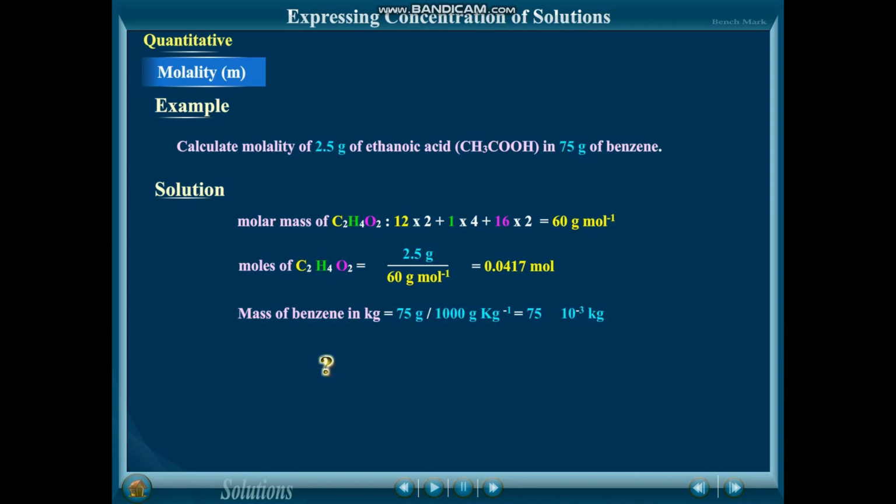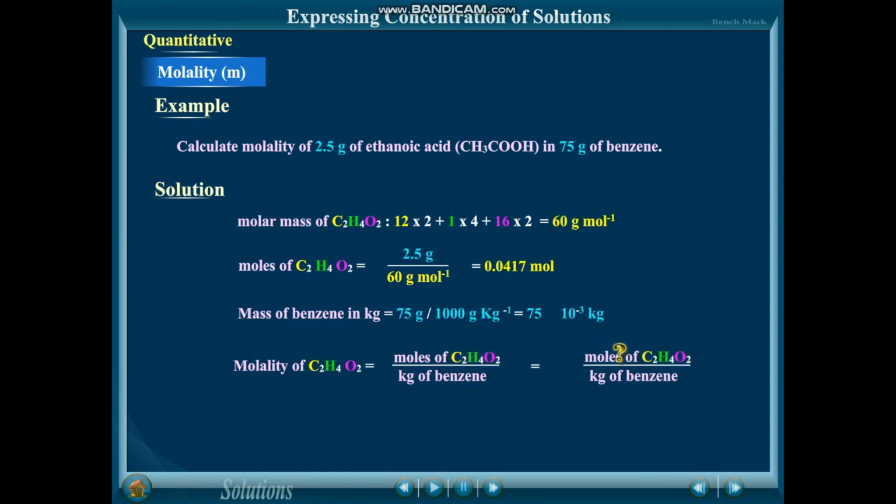Mass of benzene in kg: the mass of the solvent is 75 grams of benzene, so 75 divided by 1000 gives the answer in kg, which is 75 into 10 raised to minus 3. So molality is equal to the number of moles of ethanoic acid divided by the mass of benzene in kg.